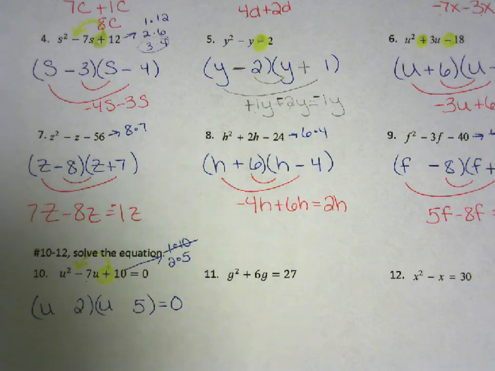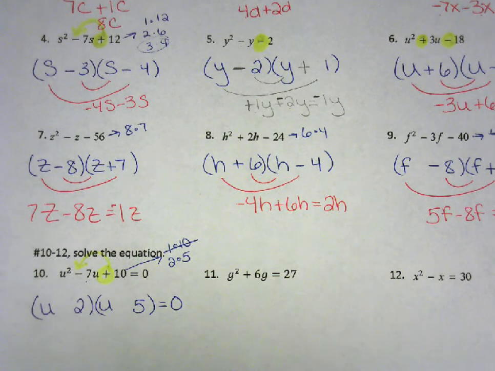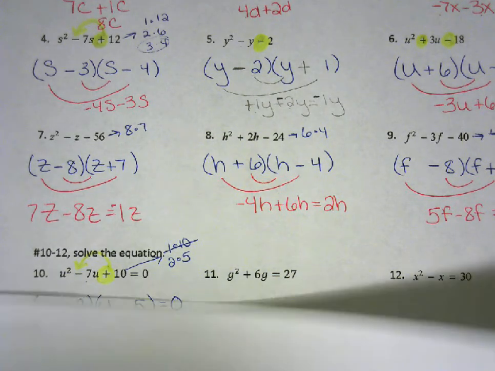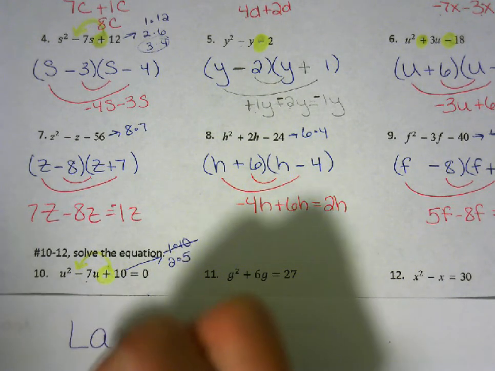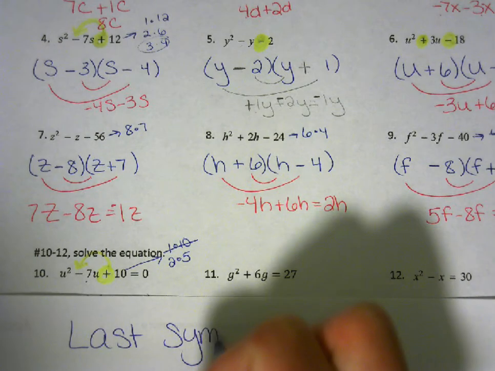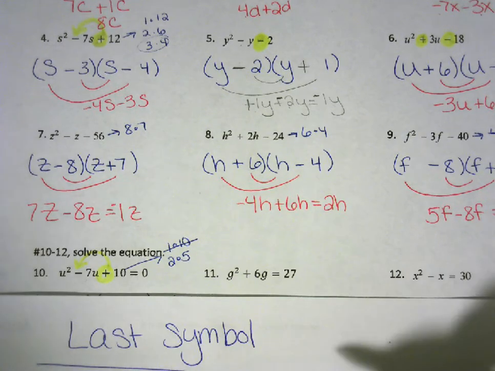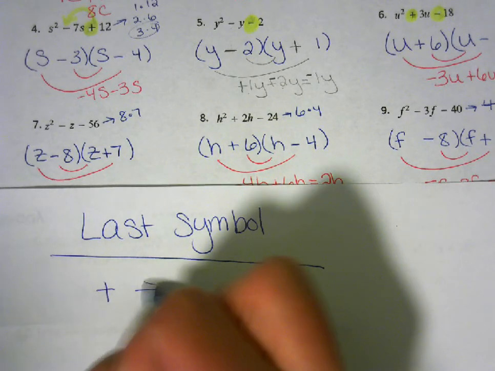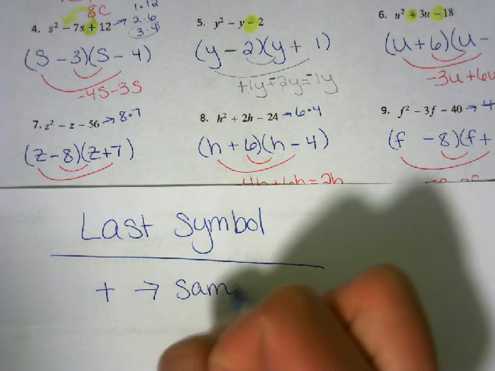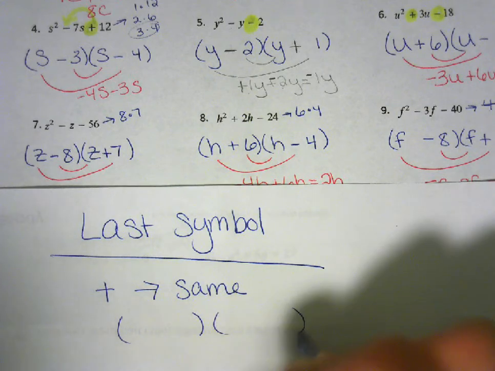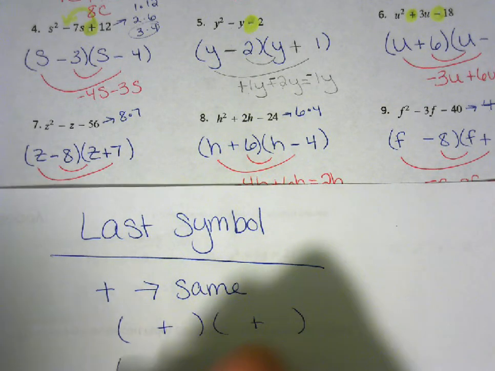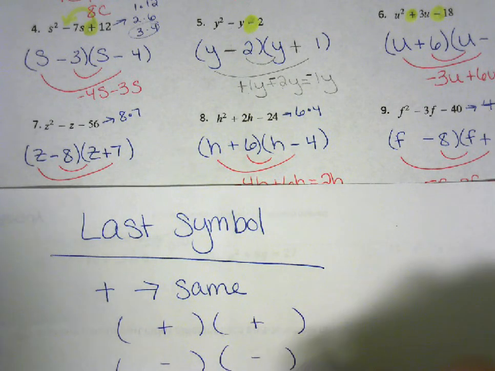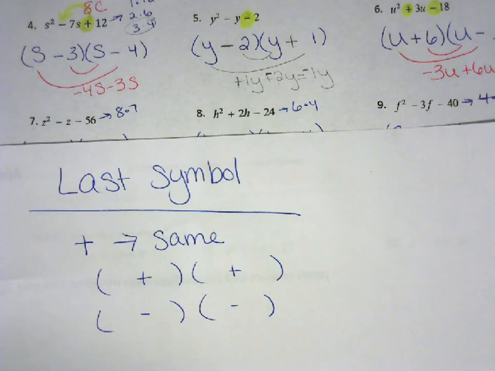So remember, when your last symbol, let's grab another sheet, hold on here. When the last symbol, okay, if the last symbol is a plus sign, they're the same. So you'll either get both plus or you'll have both minuses, okay, if your last symbol is a plus.